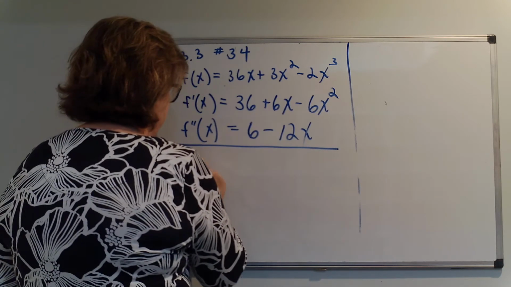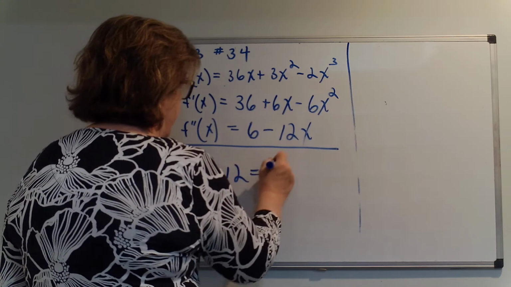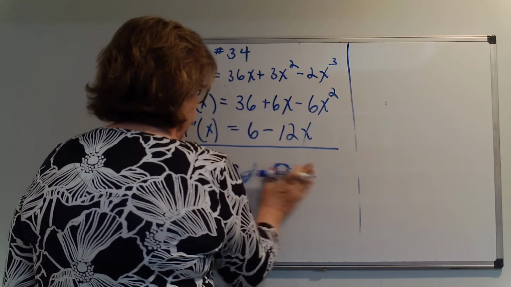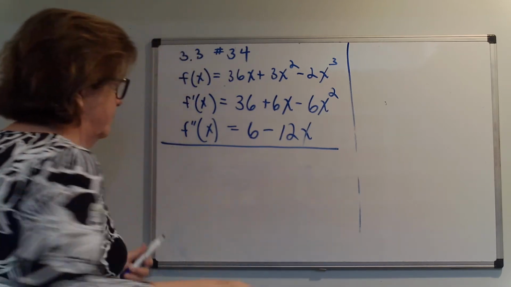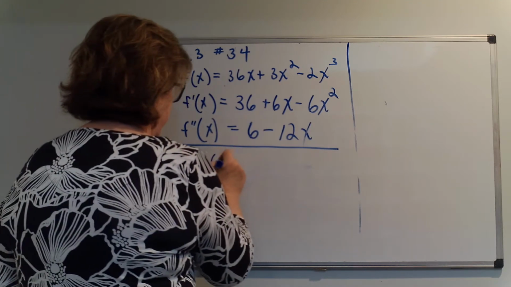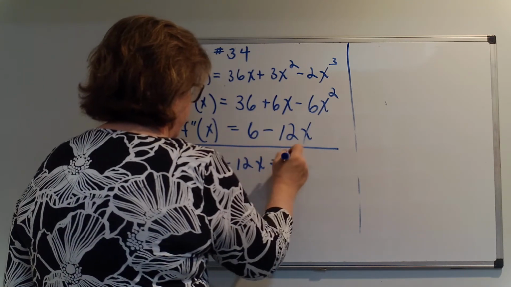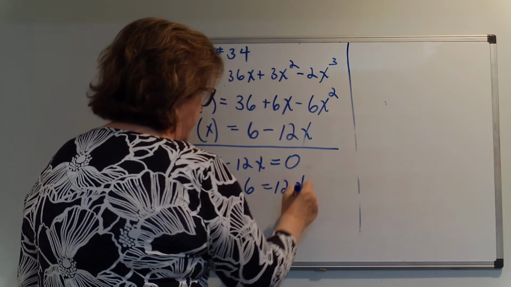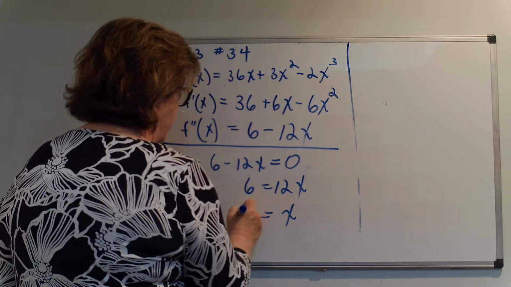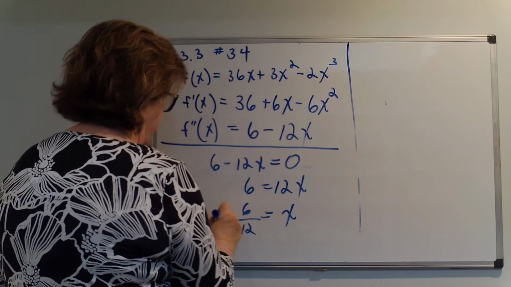So I'm going to set the second derivative to 0 and solve for x. So we would have 6 equals 12x, or x equals 6 over 12, which is 1/2.